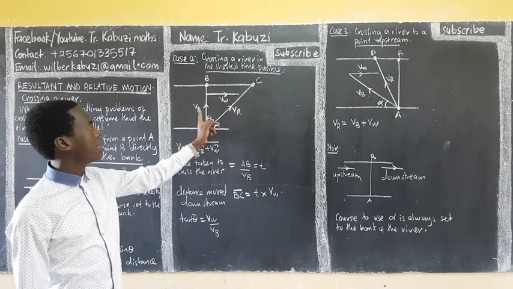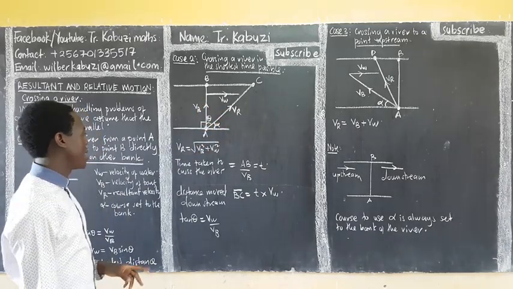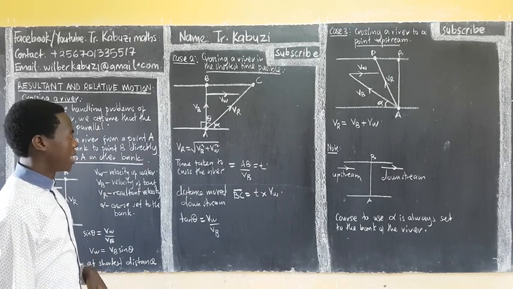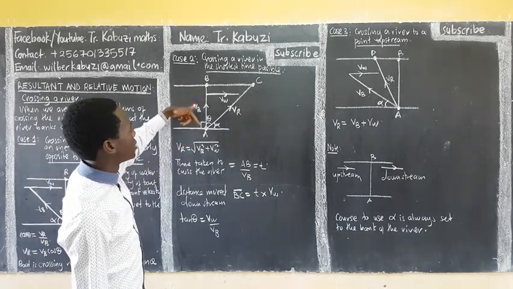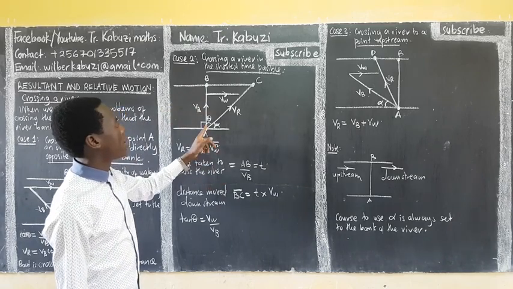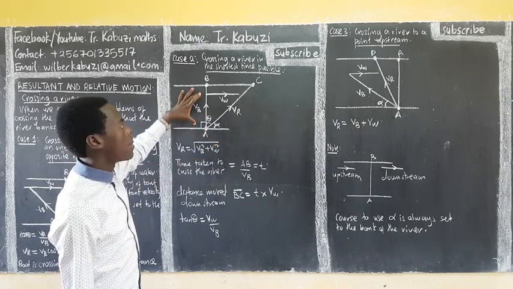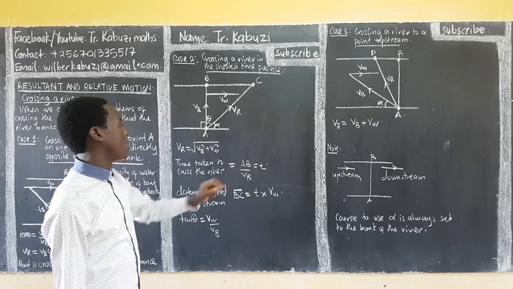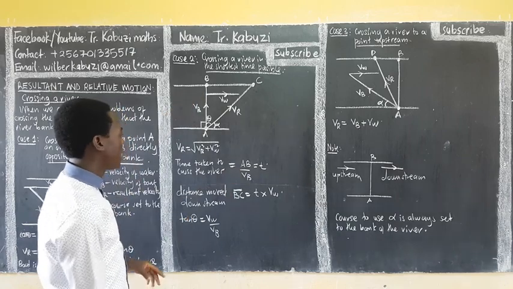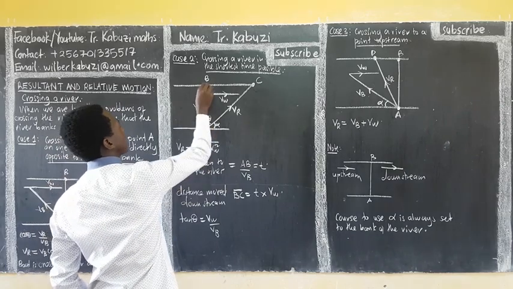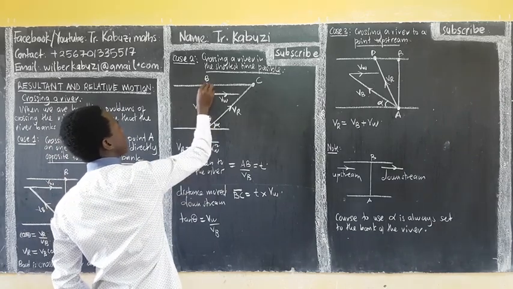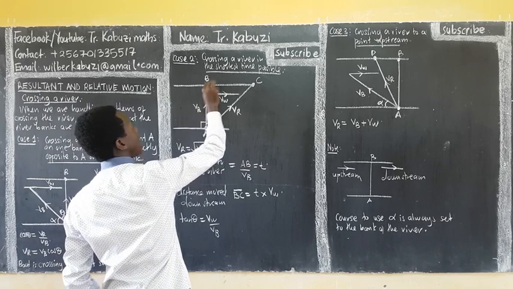If you put a right angle triangle, I get this square plus this square, then I get a square root. Time taken to cross the river, remember this is the distance AB. So I get distance AB over the velocity of the boat I'm using there. That will be the time. The distance moved downstream is from here up to here.